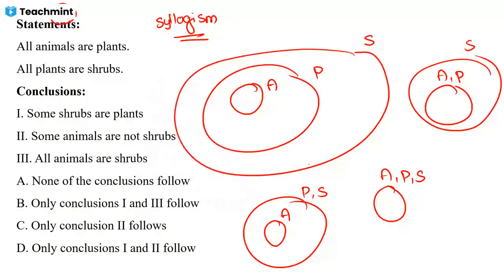First one: some part of shrubs are plants. Yes, some part of the entire shrubs is plants. Now, recall the example I gave in syllogism: if all students are good, then definitely students in my class are good.